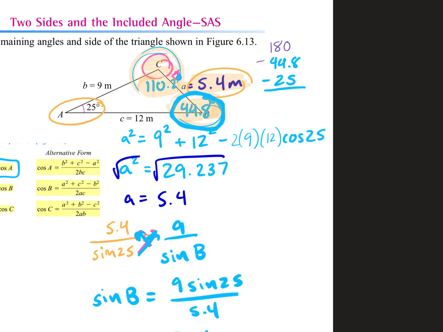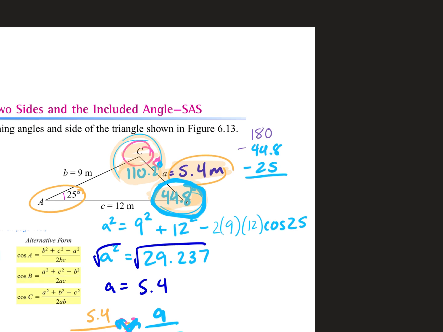So you just always have to check your work at the end. But when you find the smaller angle first, it will eliminate that possibility of happening. But always double check. So we had to find the side first, but then the second thing we want to find is the smaller angle.